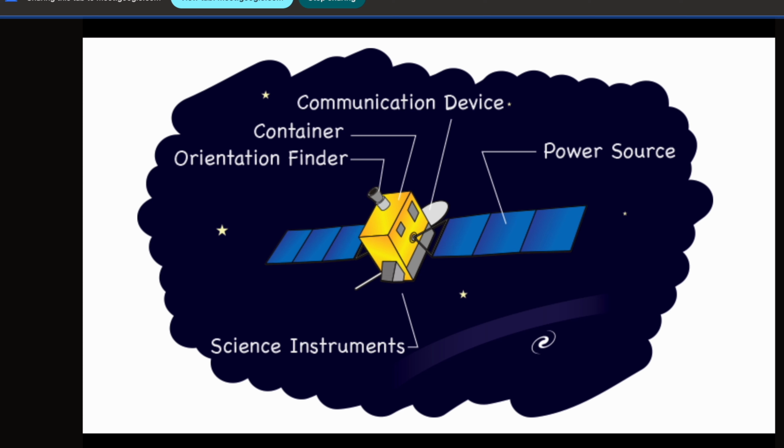Your sole purpose is to put the science instrument so that it can view from above the sky, or view a big region. So next is how that data will come to you. So here comes this communication device.